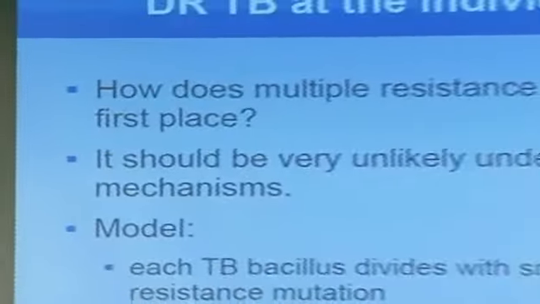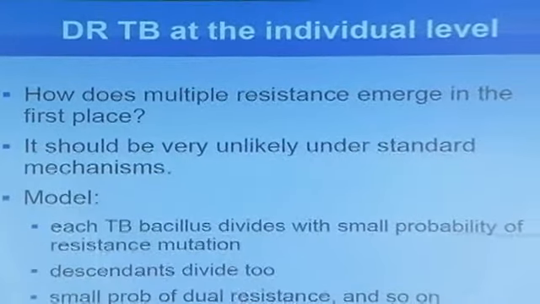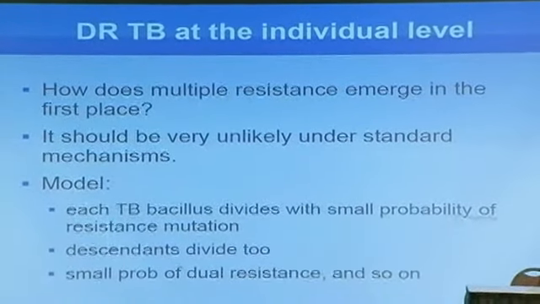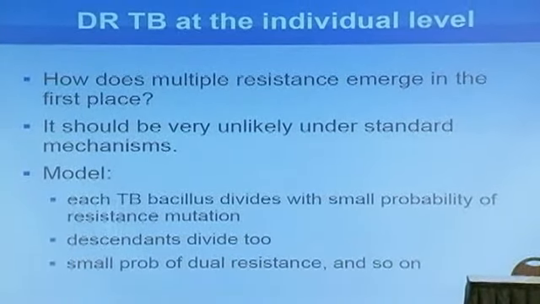So I'll talk about a model that Ted and Megan and I did with a probabilist at the University of Bristol on a very simple question. I would categorize it within this particular little ball of acquisition, and it's even a very simple model of that. So the question is how multiple resistance emerges in the first place.